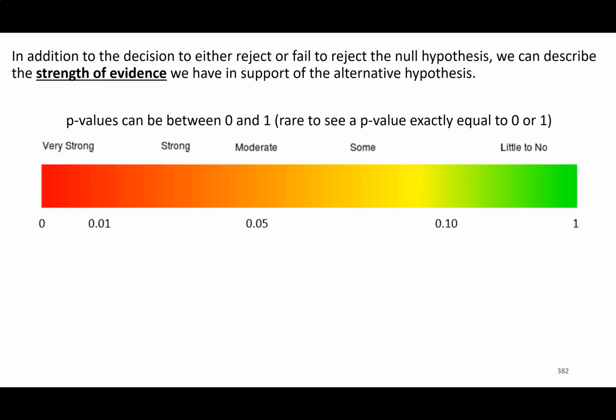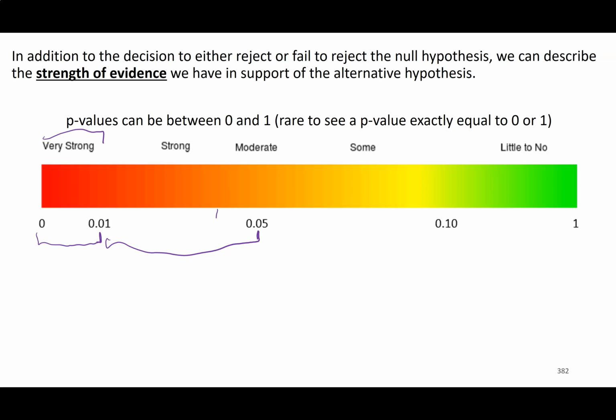So here, we also like to talk about the strength of evidence. How strong is the evidence? In general, if we have a p-value between 0 and 0.01, we call it very strong. You might even call it convincing. If it's between 0.01 and 0.05, it's still pretty strong.